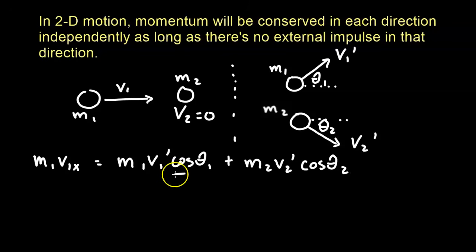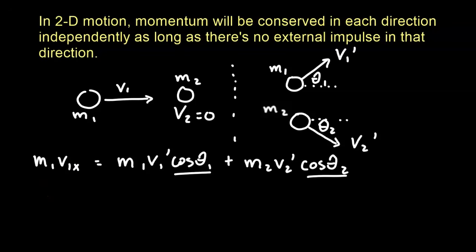The reason we use cosine theta is because we're analyzing just the horizontal direction, the x direction, and then plus the mass of object 2 times velocity 2 prime times cosine theta 2. And cosine theta 2, once again, is because we're looking at the horizontal component, or the x direction component, of v2.